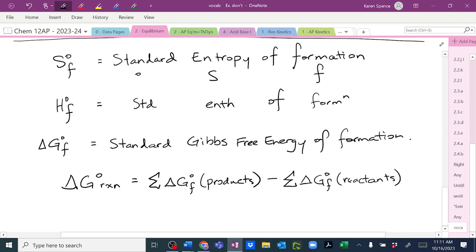Hold on. What's delta H naught of reaction equal to?